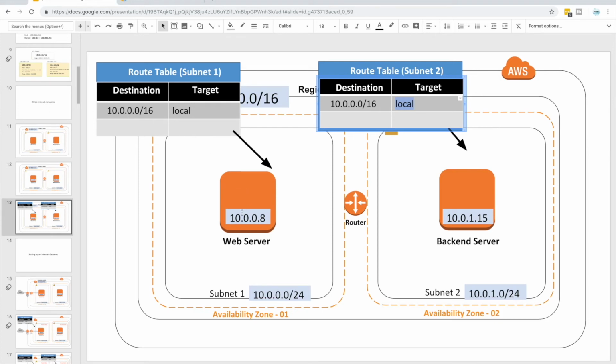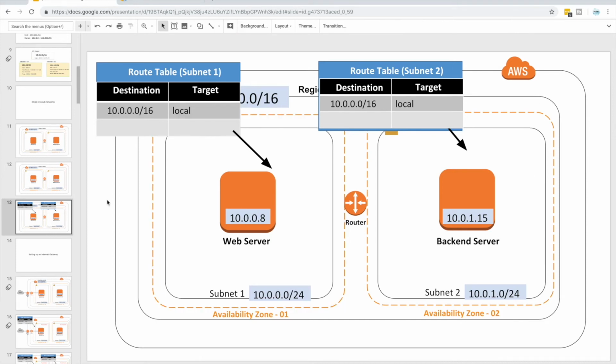If the web server or whatever the resource is talking to another resource whose IP falls into this IP range, which is our VPC IP range, just route it locally, within the VPC. So it can also talk to the backend server since the backend server's IP address falls within this range. Hence, any resource within a subnet can talk to any other resource within another subnet inside our same VPC.